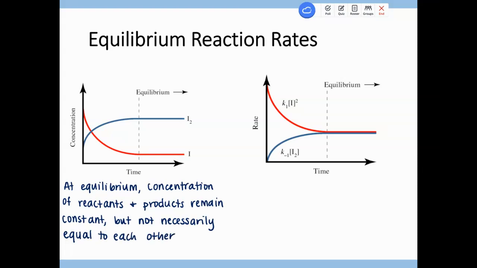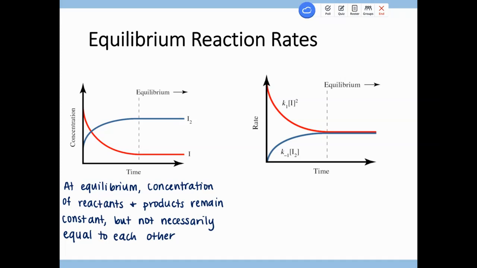That is a very common mistake, that students will think that once the reaction reached equilibrium, the concentration of products equals the concentration of reactants. That is not true for the most part. There are exceptions, but that is not a statement we can make.